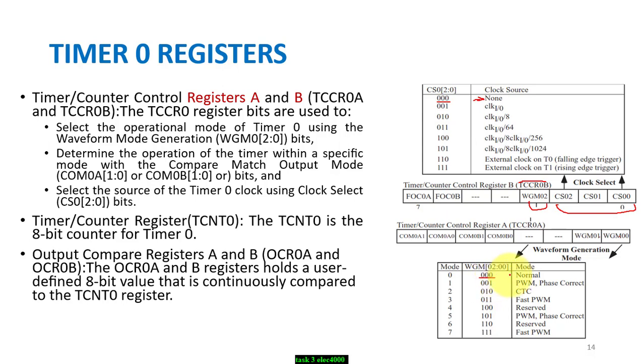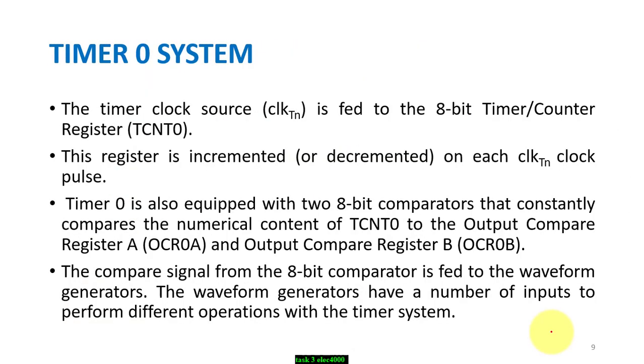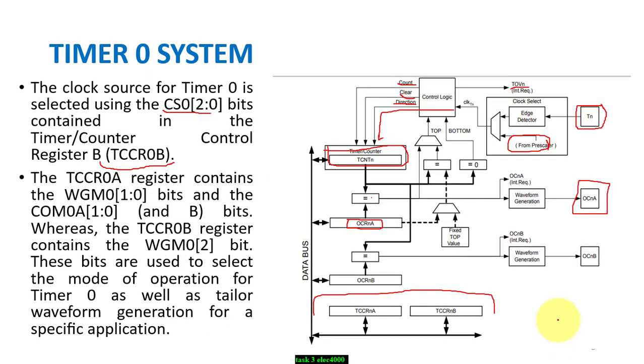So the modes of operation are normal, pulse width modulation for phase correct, compare timer clear, fast pulse width modulation, reverse pulse width modulation correct phase, reserved, and fast pulse width modulation. These are the modes of operation which we are going to discuss later on. So these are all built inside the timer counter control registers A and B.